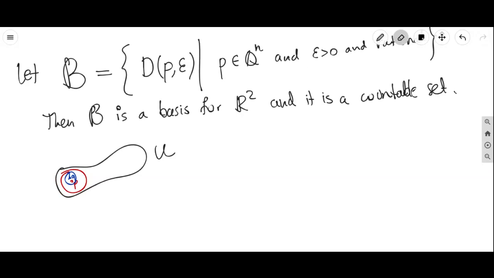I think the terminology we use here is called first countable. Actually, I'm looking it up right now. There's something called first countable and second countable, and I think it's called second countable. First countable is something else. So this is the technical terminology here.